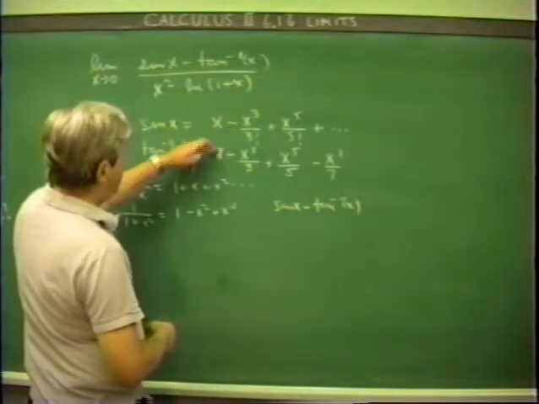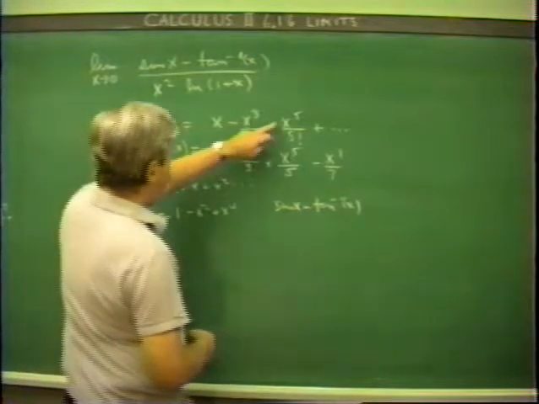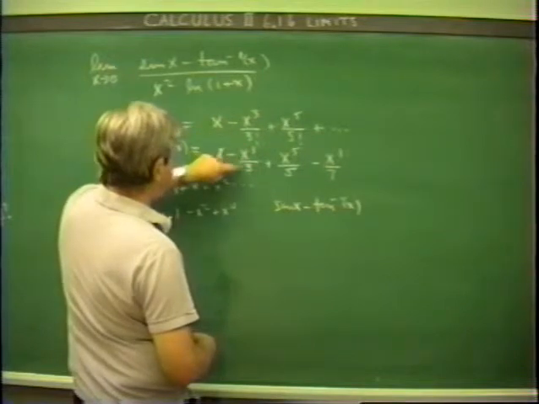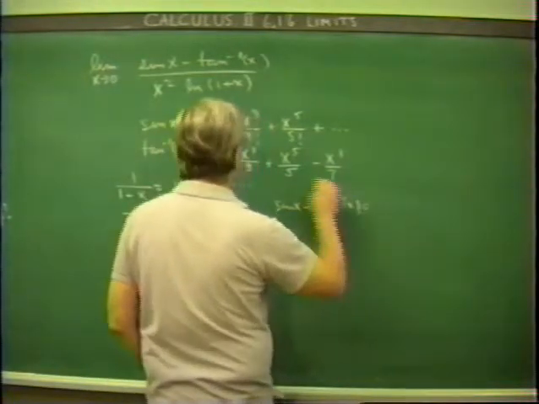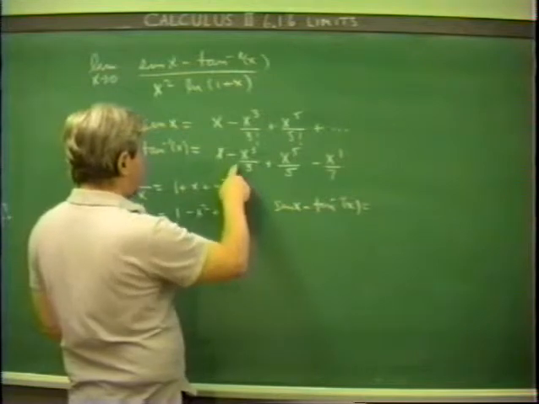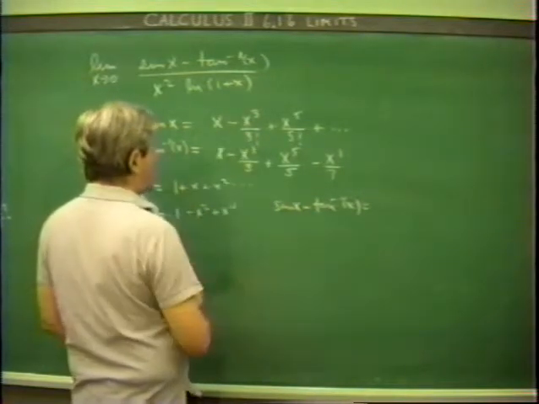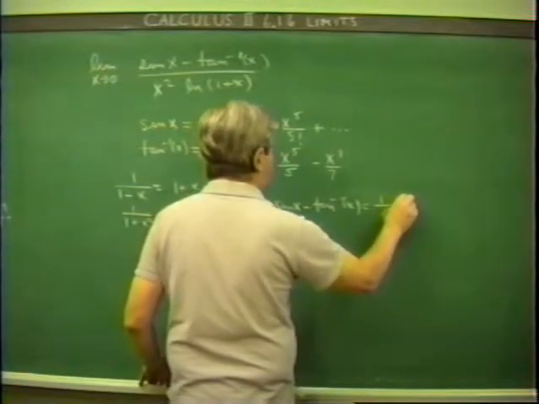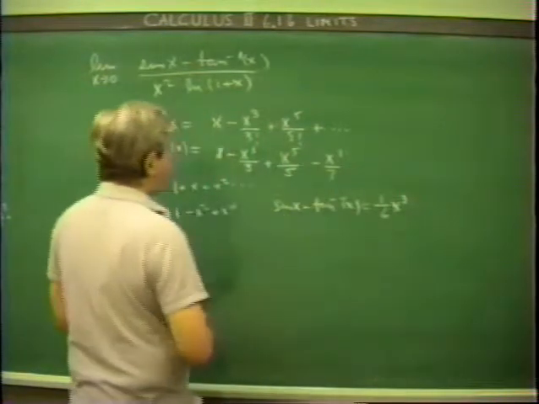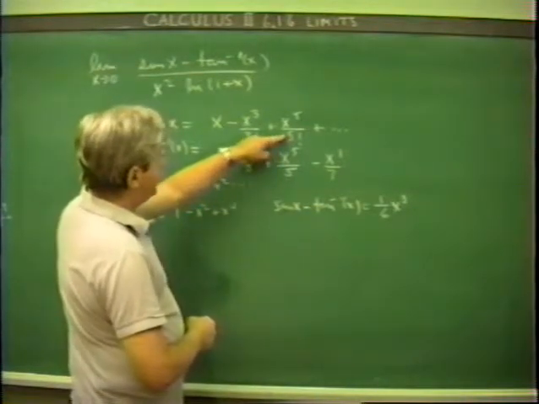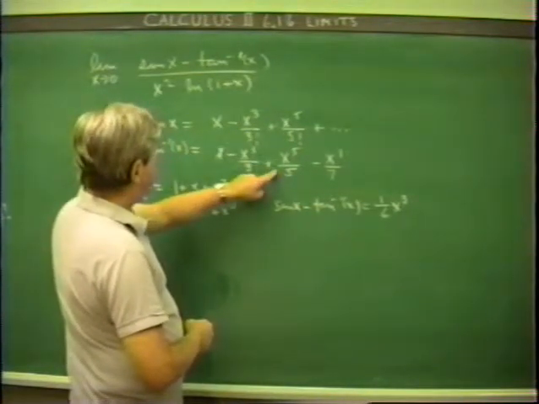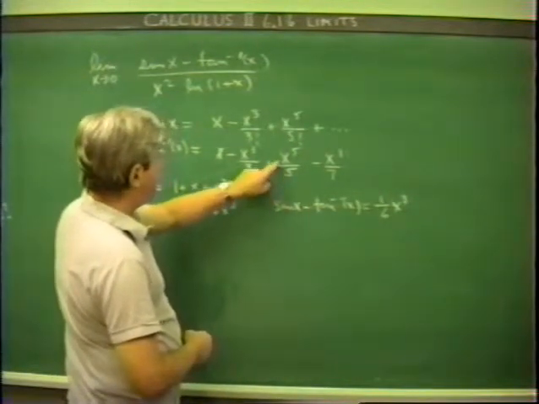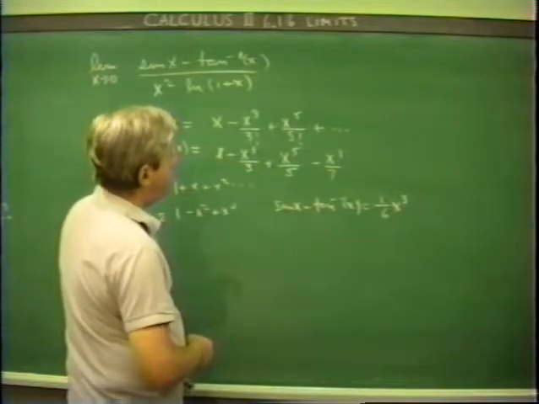Right? Sine x minus tangent inverse of x. Here we've got, no, I'm sorry, not 0. This is x cubed over 6 minus x cubed over 3, so this is going to be equal to a third minus a 6th. So 1/6 x cubed. 5 factorial is 120.